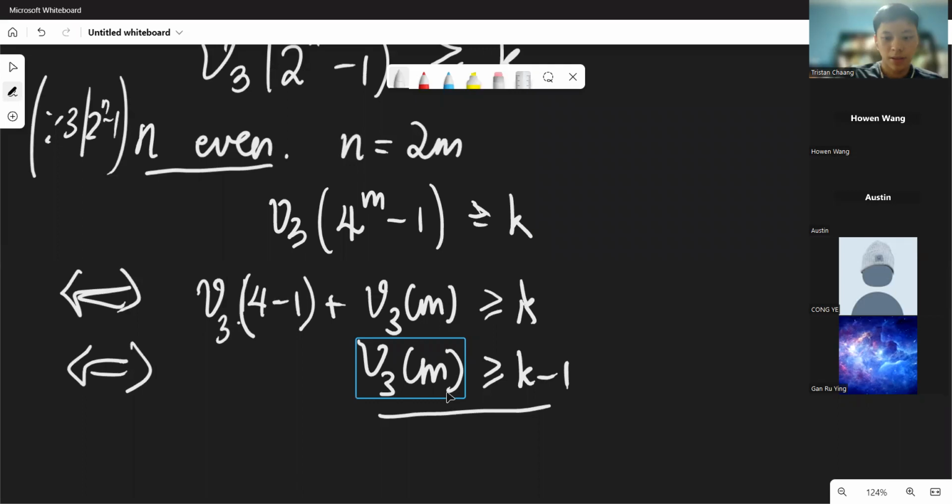Anyone? What kind of m satisfies this? v3 of m is more than or equal to k minus 1. Yeah, exactly. So 3 to the k minus 1 divides m.